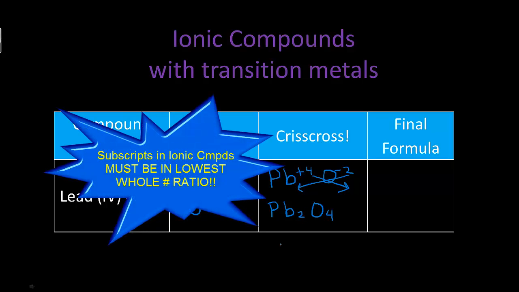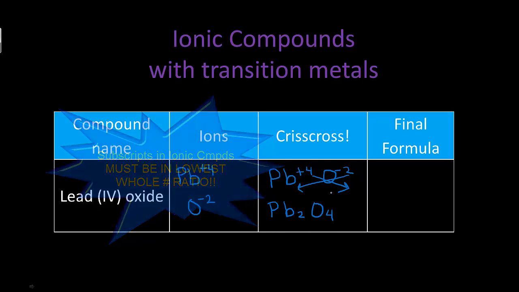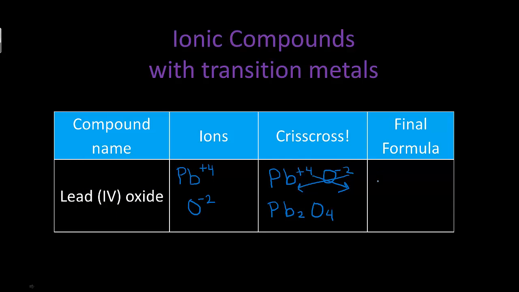So 2 and 4, their common denominator is 2, so we are going to divide each by 2. 2 divided by 2 is 1, so I'm going to do Pb, and we never put 1s. 4 divided by 2 is 2, so I'm going to put O and then 2. So our chemical formula for lead 4 oxide is PbO2.